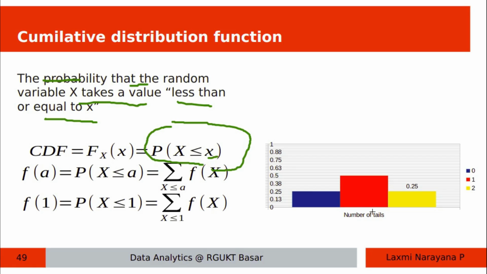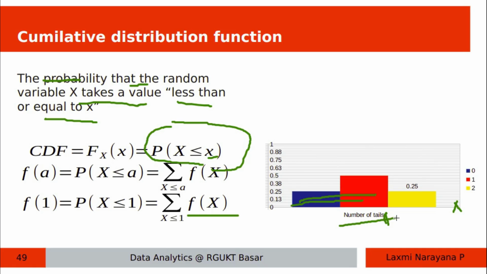This x can represent any point of this random variable. Here suppose if it is 1, p of 1 will be the probability of x less than or equal to 1. This is the summation from 0 to less than or equal to 1. This is an example for calculating CDF for a discrete random variable.